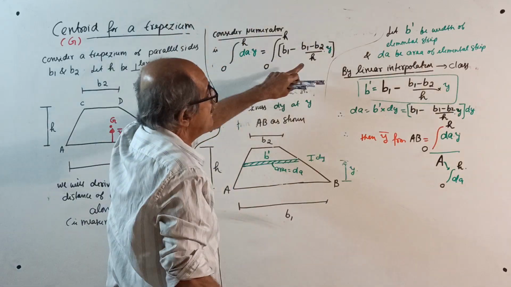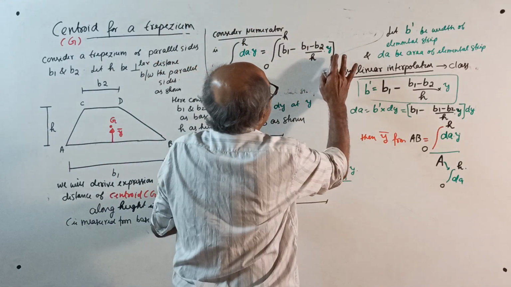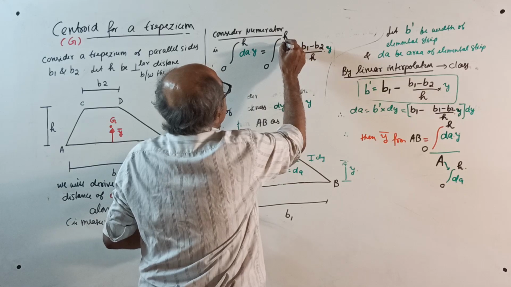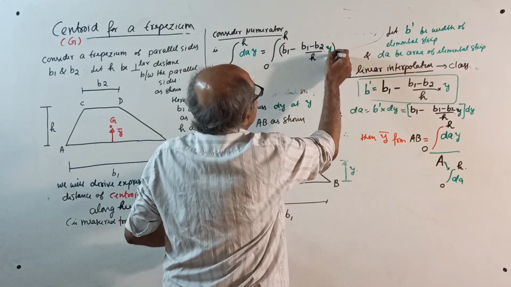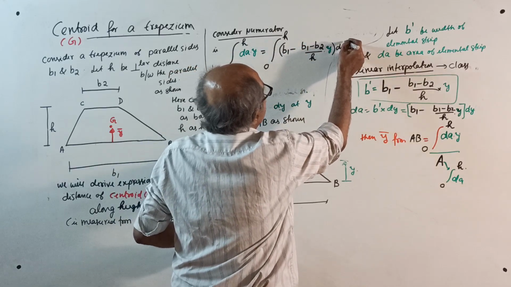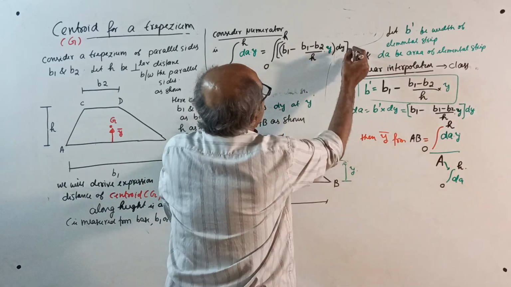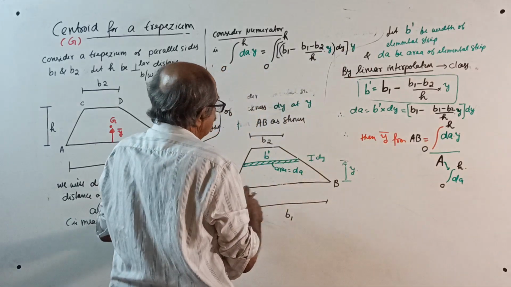This into dy also is there. I'll put a flower bracket. I'll put a mini bracket this way. See, this is into dy, then into y. Okay, sufficient. This I'll remove.